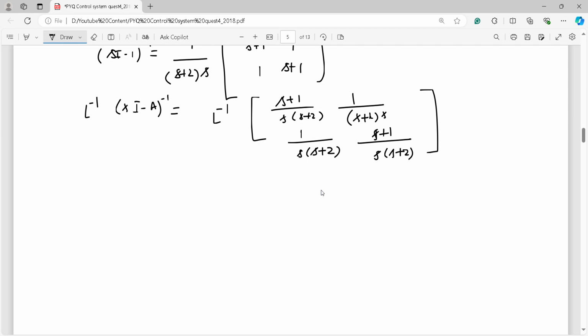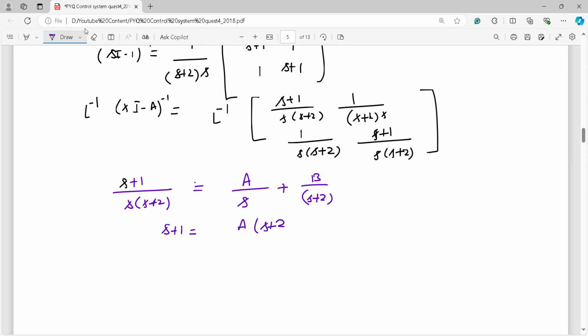How to do that? Let me take one term. This is a transfer function, we can say, in the Laplace domain. So s plus 1 by s into s plus 2, we need to do the partial fraction. So how to solve it? s plus 1 is equal to A into s plus 2 plus B into s.